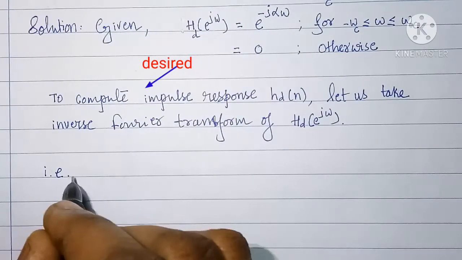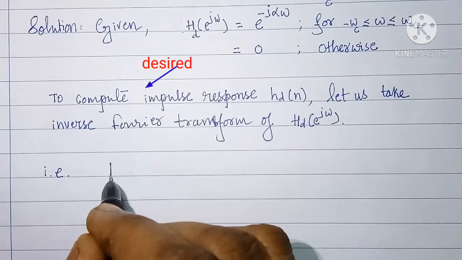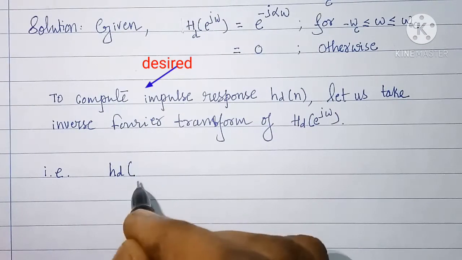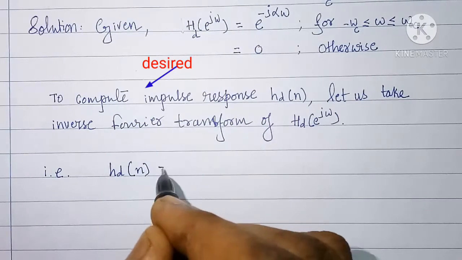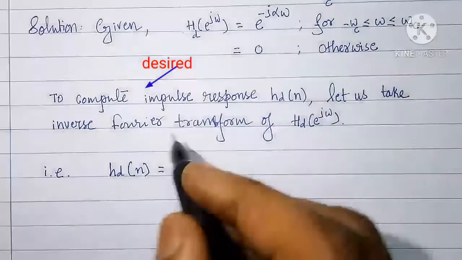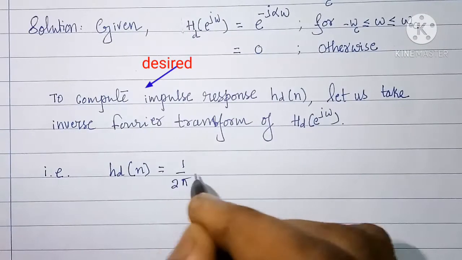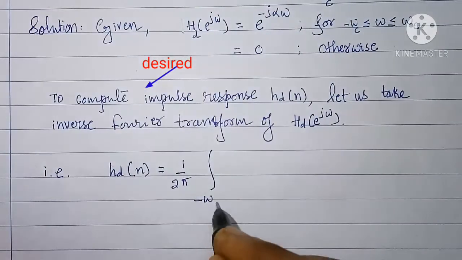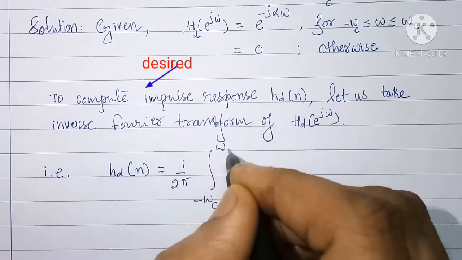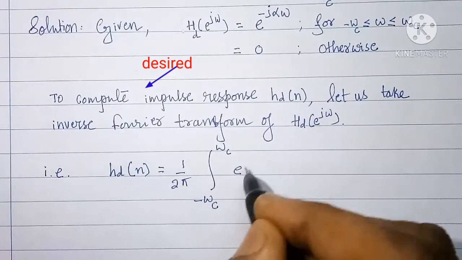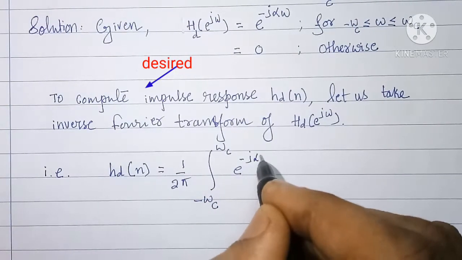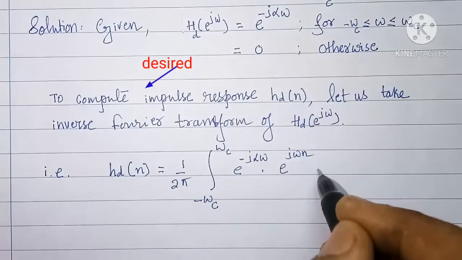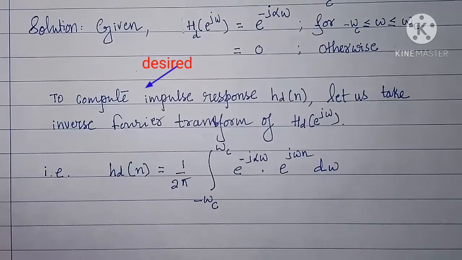That is, the desired impulse response HD of n is equal to 1 by 2 pi integration from minus omega c to plus omega c of e raised to minus j alpha omega into e raised to j omega n d omega.